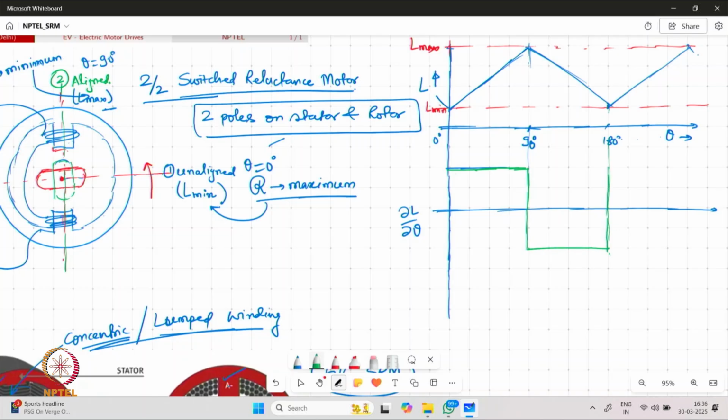And once again from 180 to 270, it is going to be positive and then it is going to come back to negative. So it is more like a repetitive pattern which we are going to have for dL by d theta.